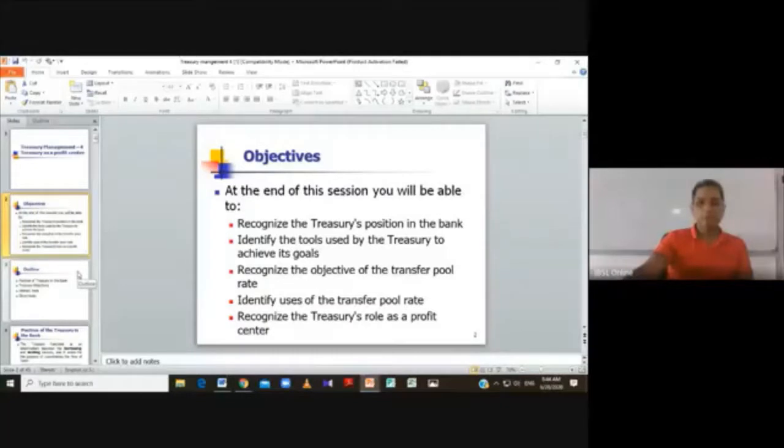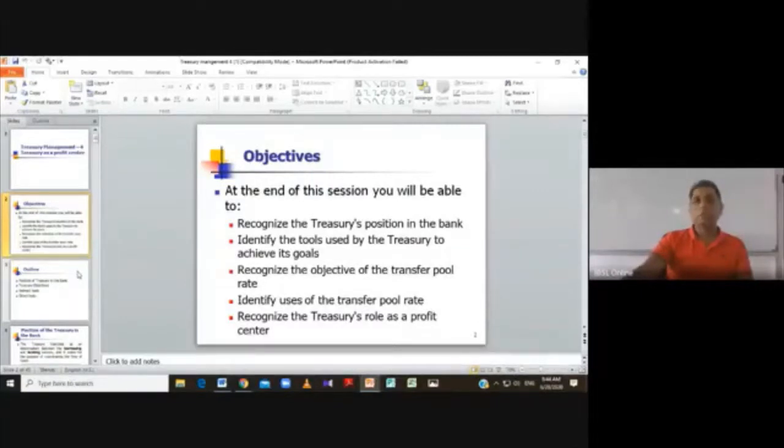I'm emphasizing that because it's important to understand. Sometimes Treasury is confused, because it's not necessarily always client facing, or not necessarily always a function that would be seen by the outside market, as not being a profit center, but another function that supports the other functions to exist.